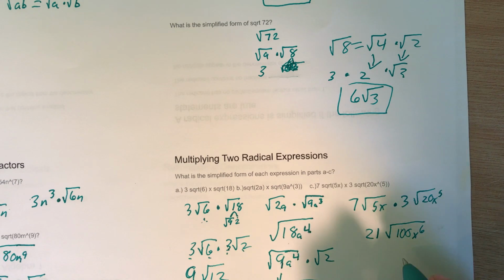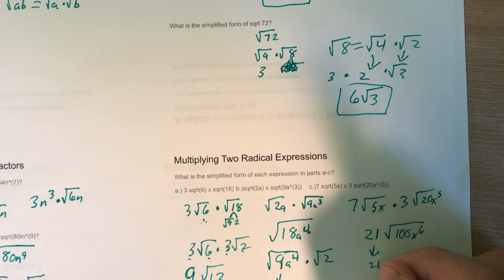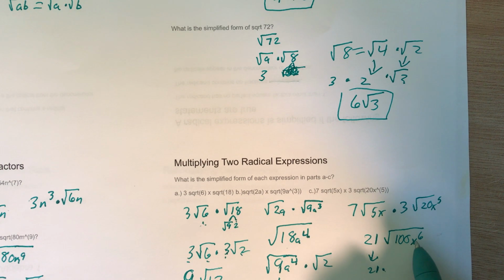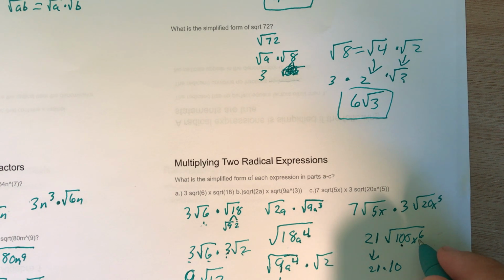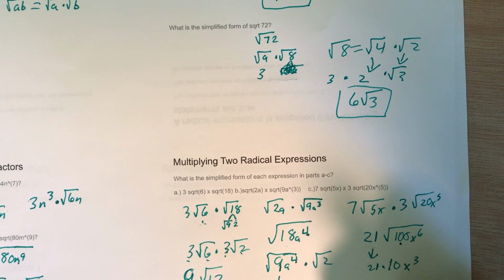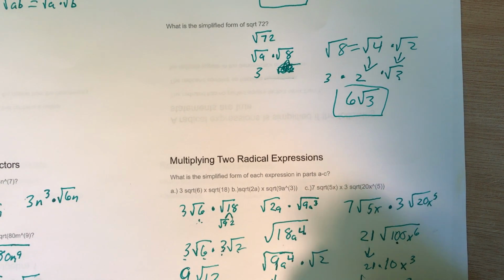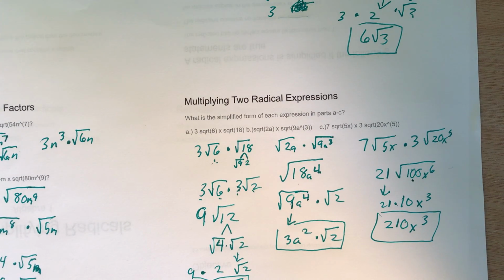Now I'm going to bring down my 21, times what I can bring out. The square root of 100 is 10. The square root of x to the 6th is x to the 3rd. So I multiply those together and I get 210x to the 3rd as an answer. There you go.